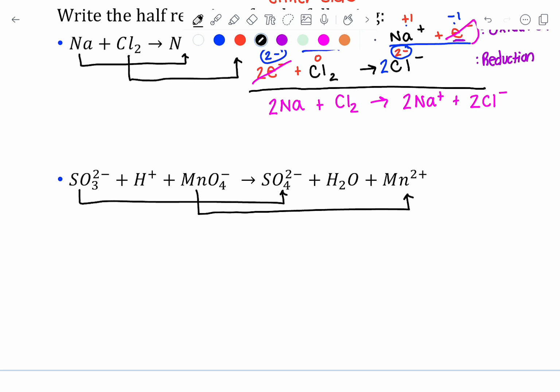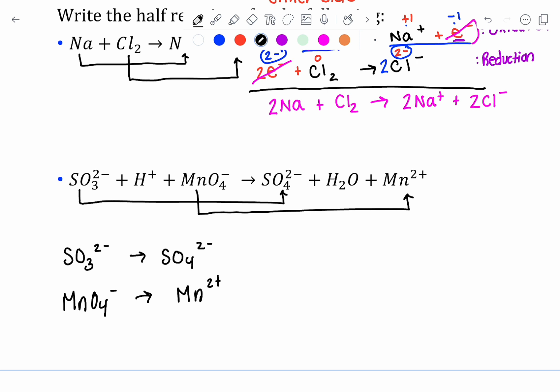So our first half reaction can be written as SO3 2- turns into SO4 2-. And our second reaction, MnO4- turns into Mn2+.